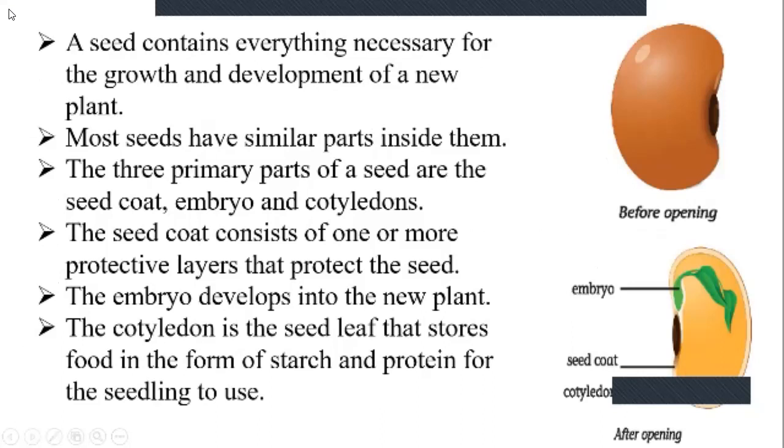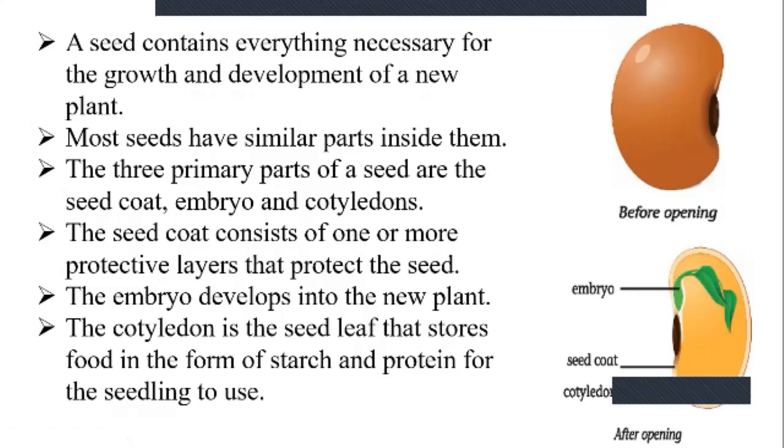Next, we are going to learn what the parts of a seed are, because the seed contains everything necessary for the growth and development of a new plant. Here you see, before opening the seed, you can have a look at it thoroughly. You might have wondered about the many seeds people use in our day-to-day life.